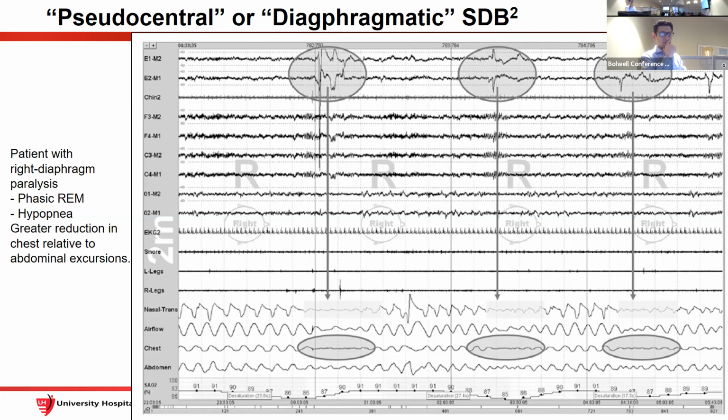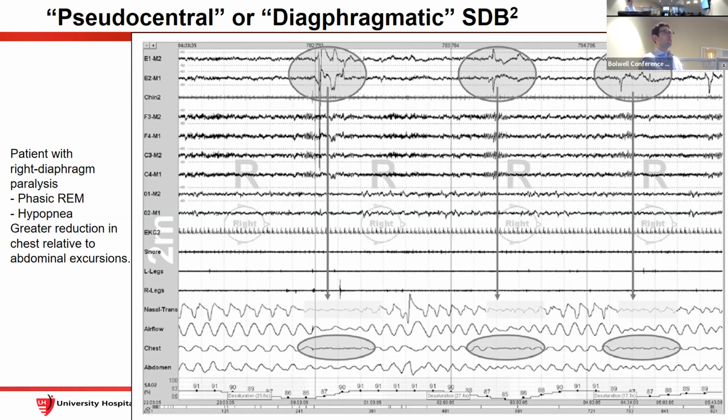A right diaphragm paralysis will not result during wakefulness in a change in your abdominal motion, because inspiration will still go up. But without esophageal manometry, can you say for certain that there's no upper airway obstruction? No, esophageal manometry or transdiaphragmatic pressure, that's how you tell if they're making efforts.